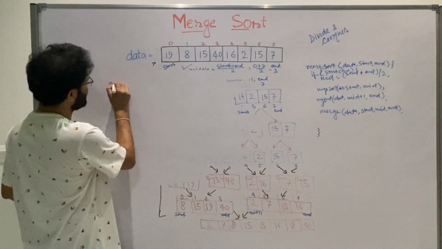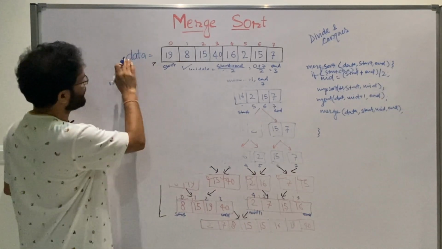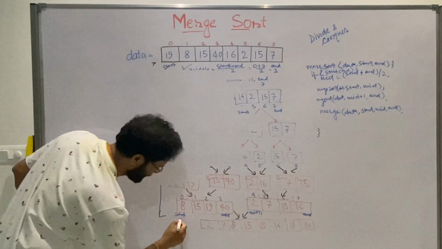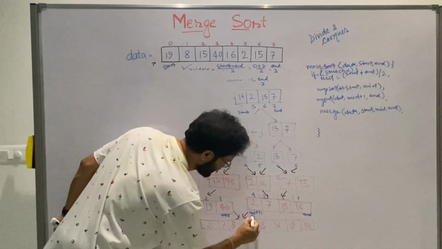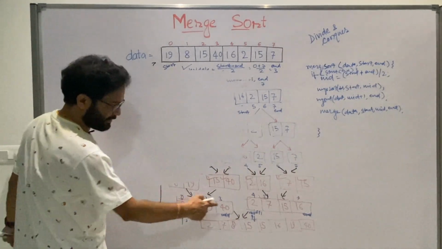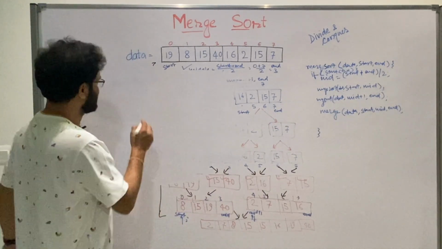Before that, keep the pointers i here and j here. The first array will start from i and the second array will start from j, both of which we have to merge.